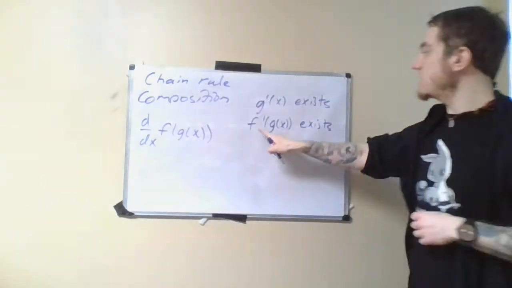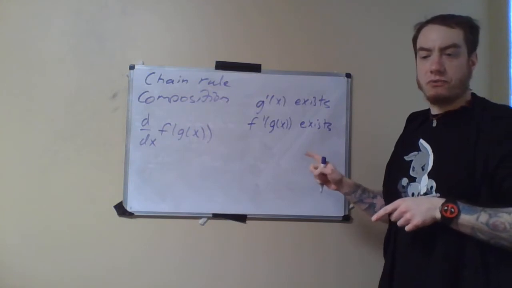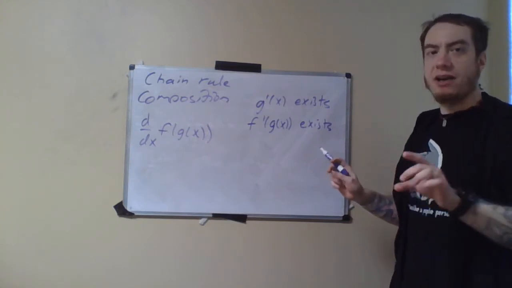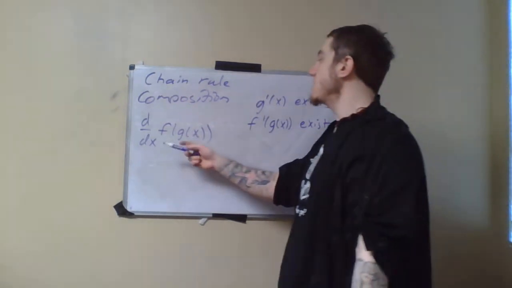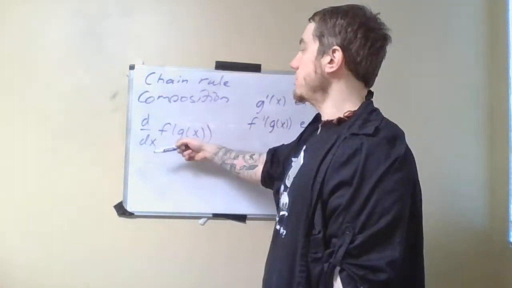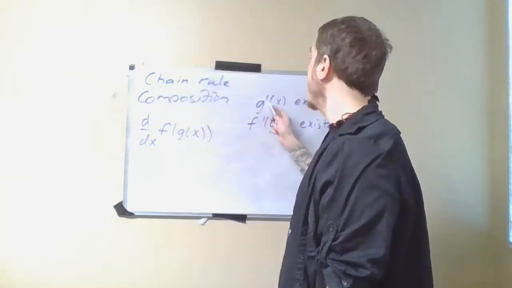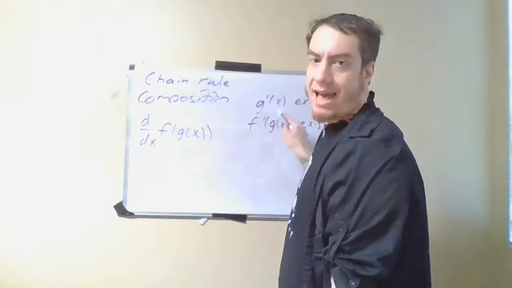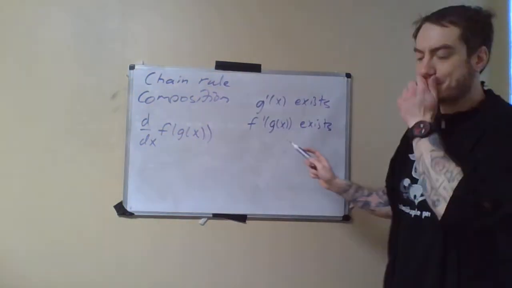In other words, we need the derivative of f to exist, but not at x itself, because f isn't being evaluated at x or near x necessarily. f is being evaluated around g of x. So this is the condition that we want to think about. g prime exists at x, but f prime exists at g of x.